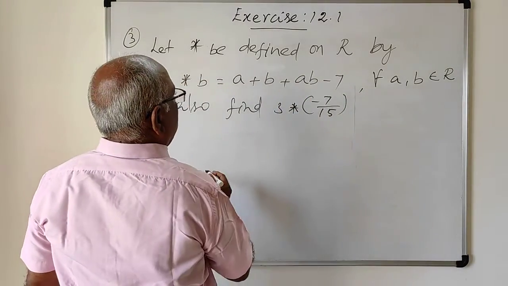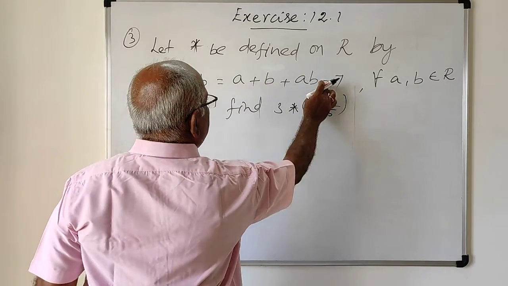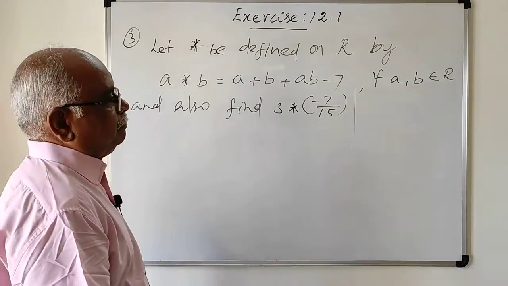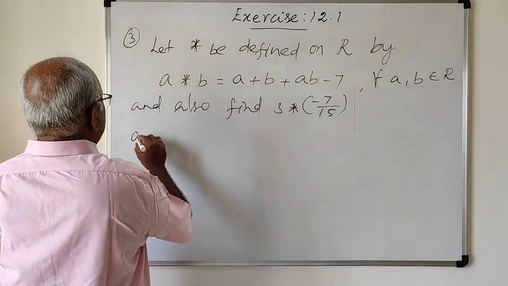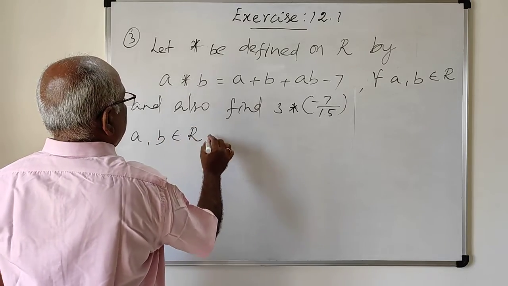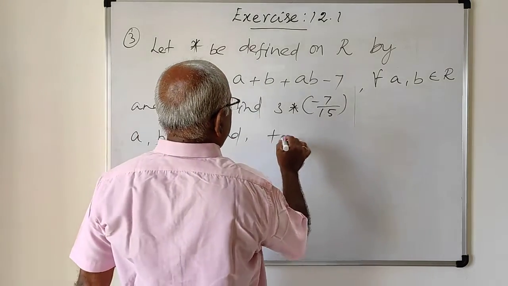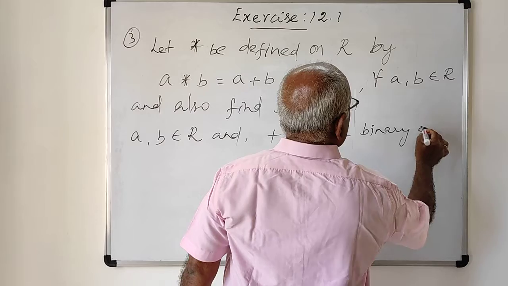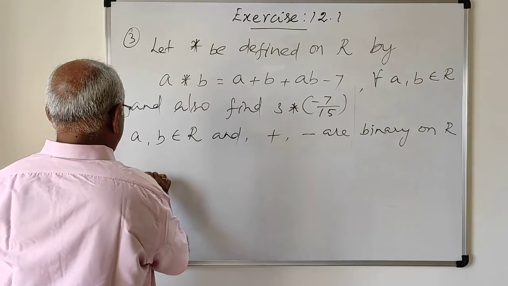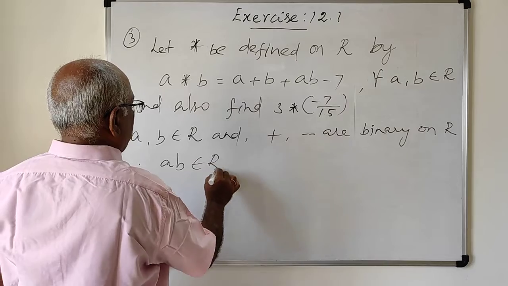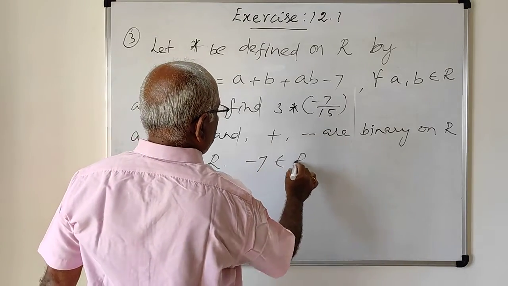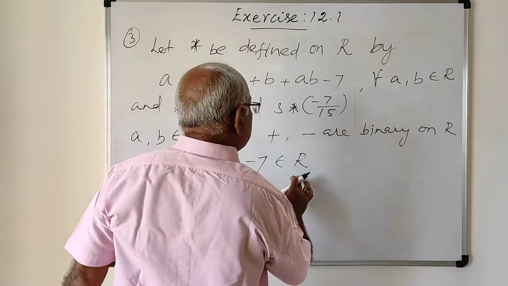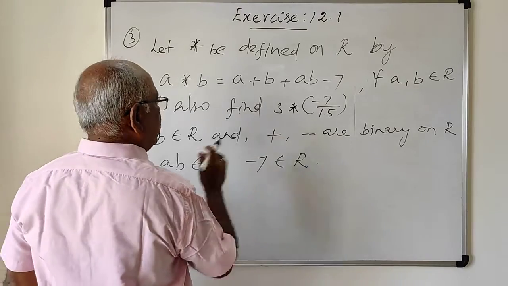Since A, B belong to R, addition and subtraction are also binary operations on R. Therefore AB also belongs to R, and minus 7 also belongs to R; negative numbers are also there.